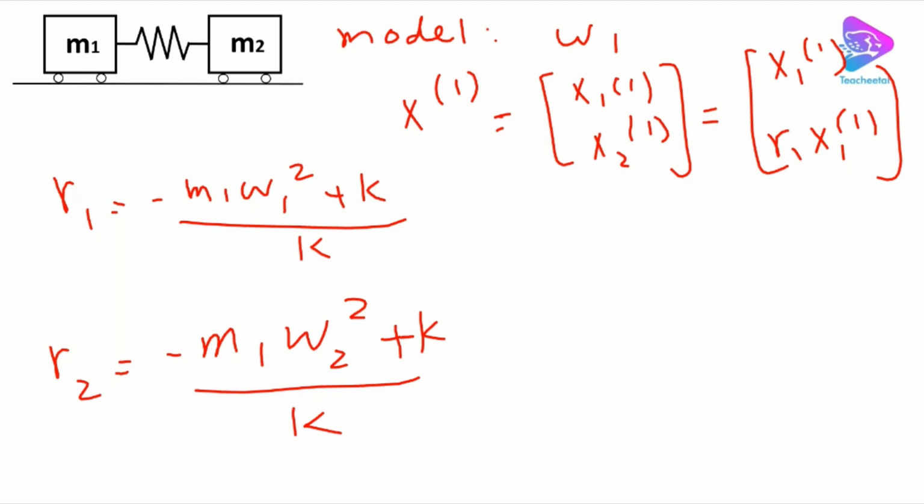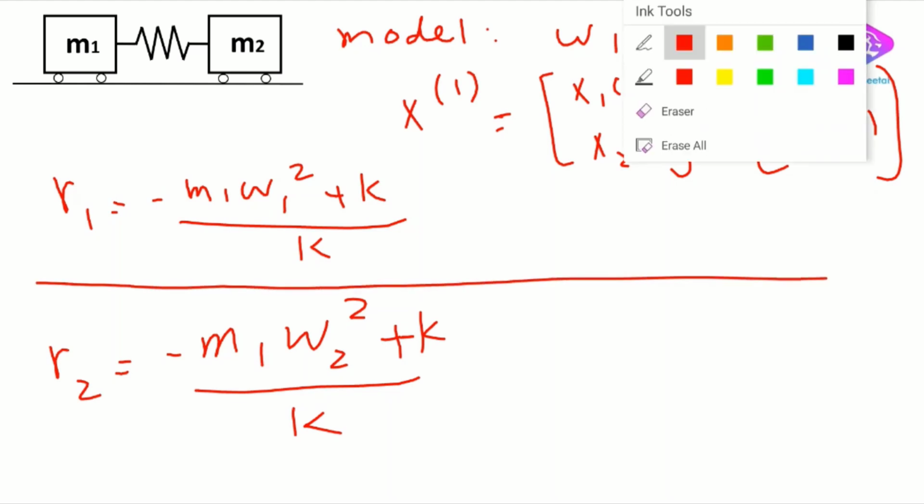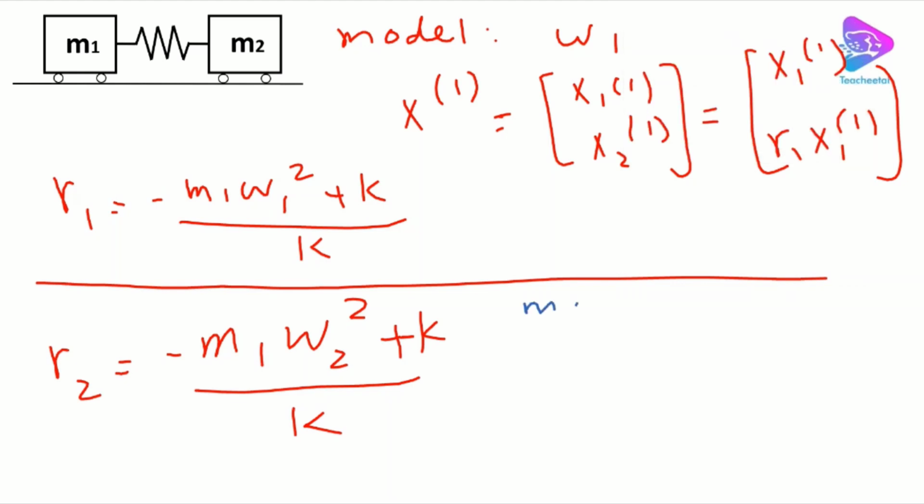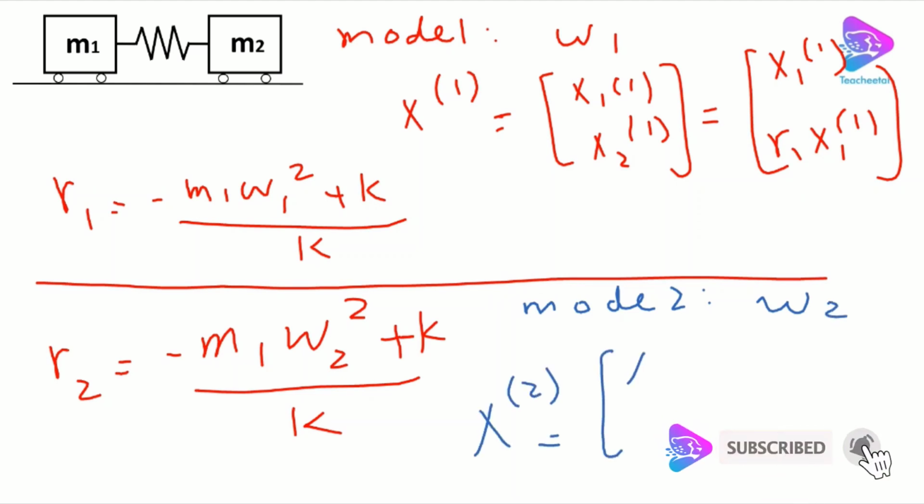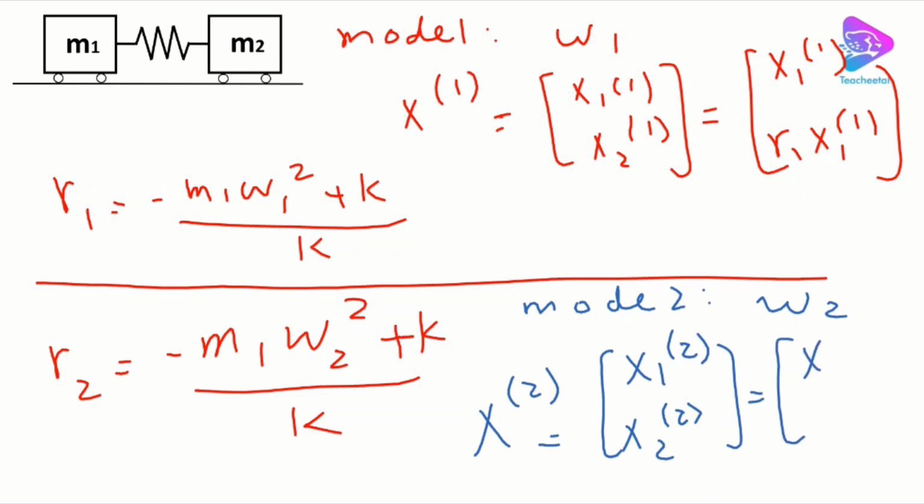So this is for mode 2, where mode 2 belongs to omega 2, and we have x2 equal to x12 and x22, which is equal to x12 and r2 x12. Everything is basically the same as before.